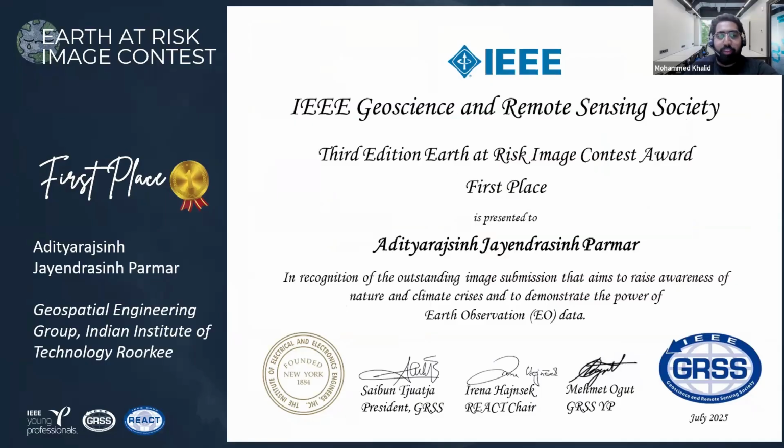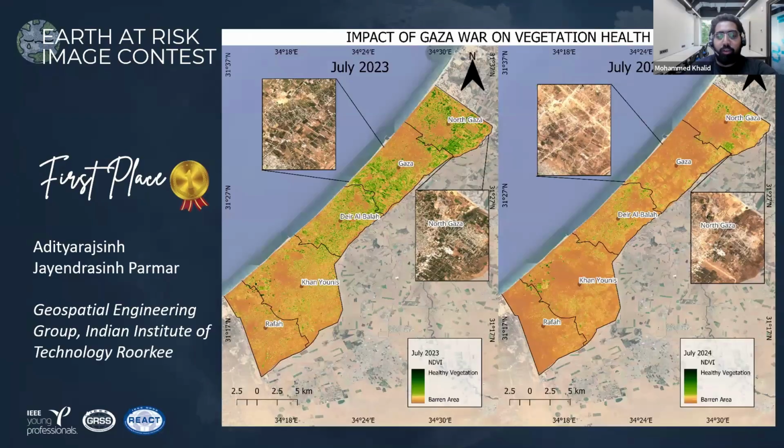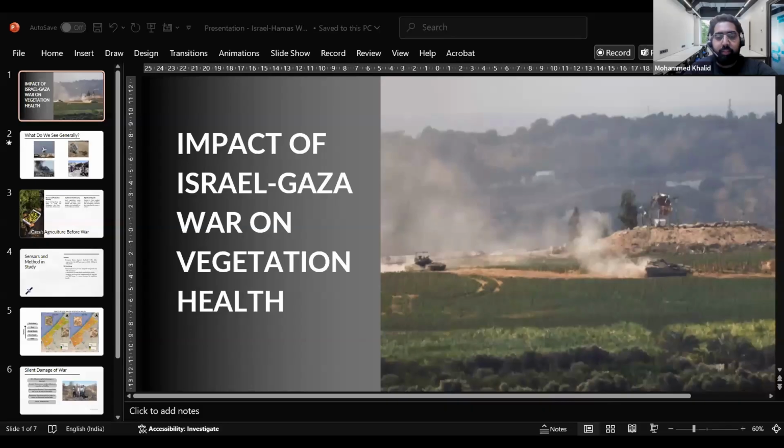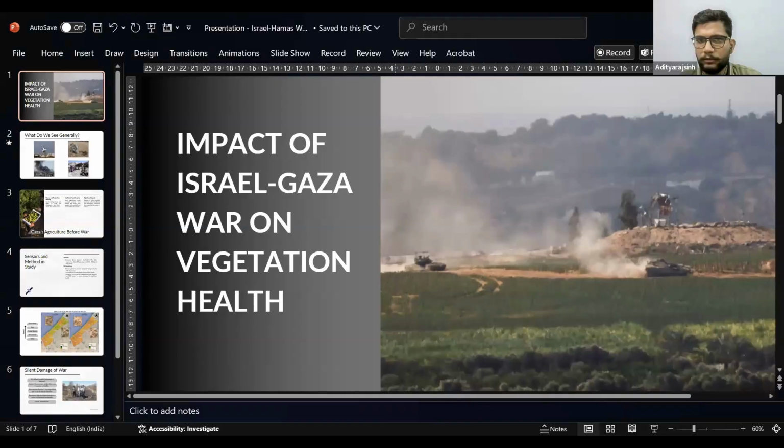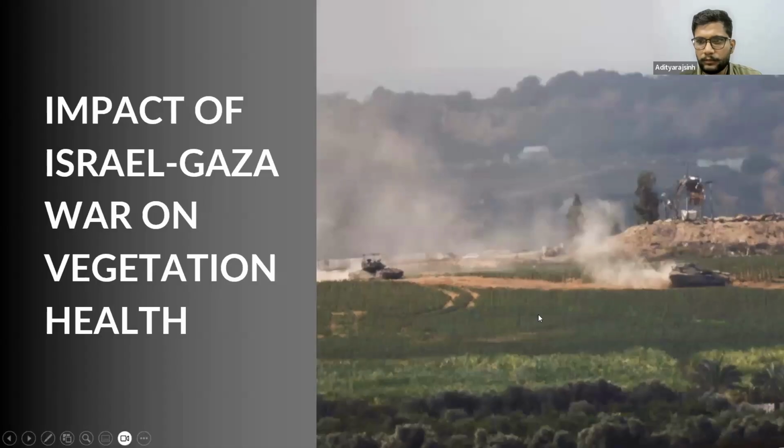Congratulations for the first place. Do you want to share your screen or is it fine if we share it from here? Thank you, Khalid. I will share it. Sure. Is it pretty visible? Yeah, it's visible. Please go ahead.